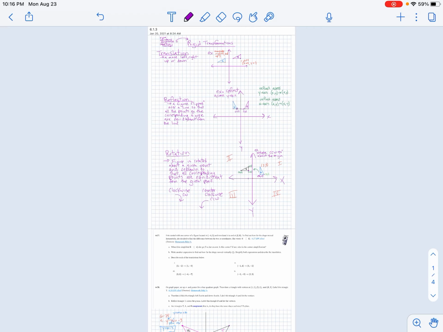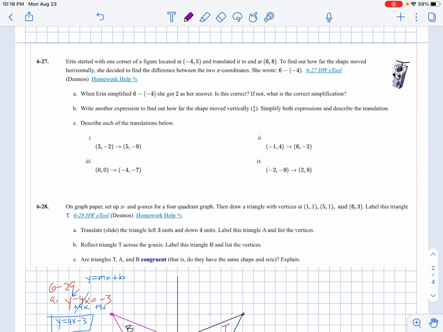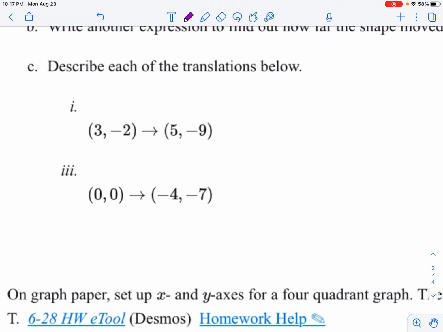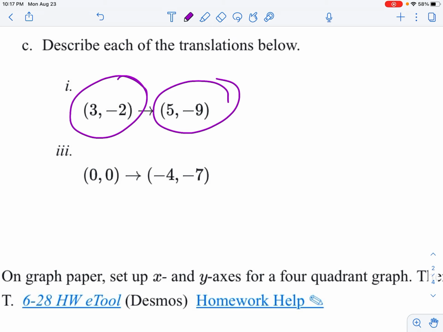What are you going to do today in the homework part here? I've actually got it loaded here, and you're supposed to try and figure out what happened. These are each translations on part C. So how did they end up going from 3, negative 2 to 5, negative 9?